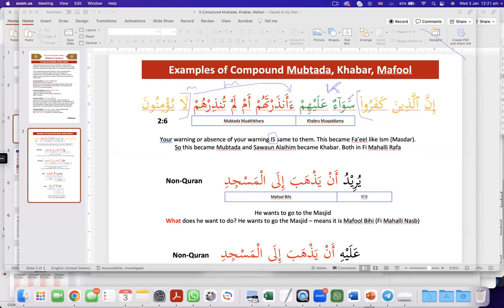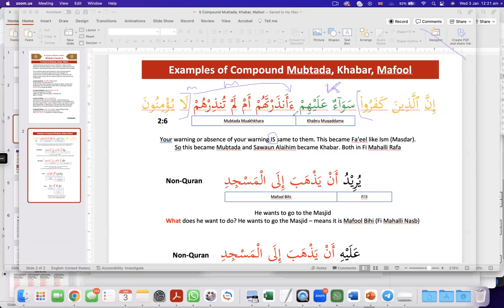Otherwise, you will just say ism, nakira ism, and keep saying that. No, we are on module 2 now. By meaning, this is mubtada. It is same.